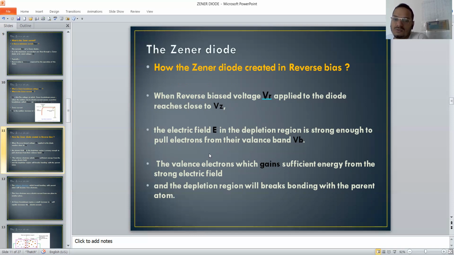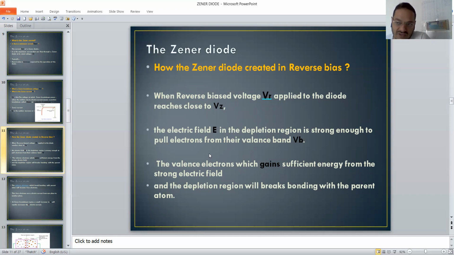The electric field here, we will focus on, because this is the most important slide in this whole lecture. Here, the most important element in the Zener diode with reverse bias is the electric field, because this strong electric field will act on the depletion region and take some electrons from the valence band and make them gain more energy.